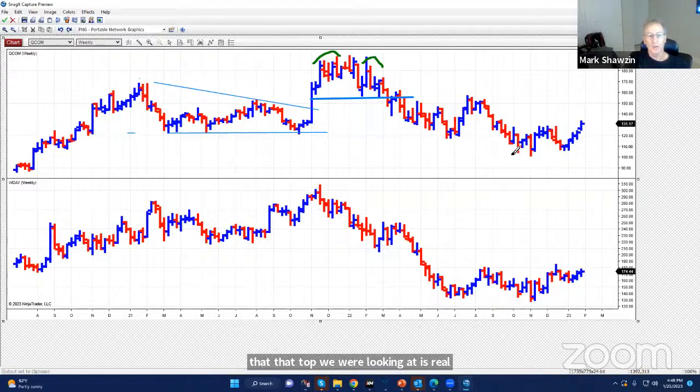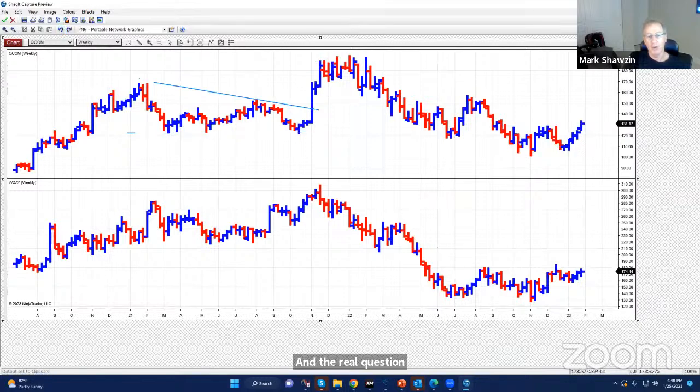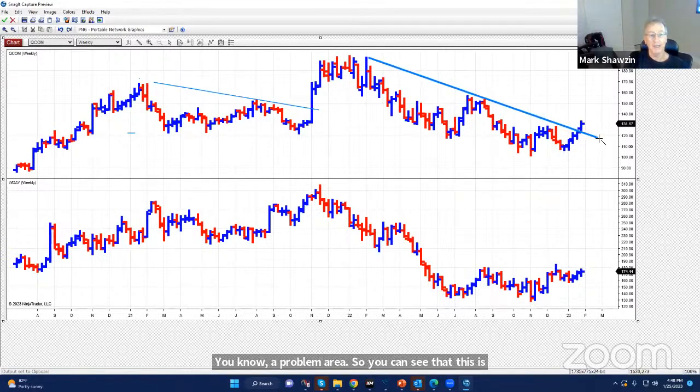And now we're looking at another pattern. And we're saying to ourselves, is this going to be the beginning of a beautiful story here? And you can see that we broke out above here. And the real question is, will it continue? And where will it hit a problem area? So you can see that this has also been in a nice looking channel here.